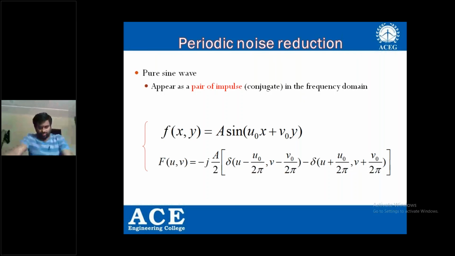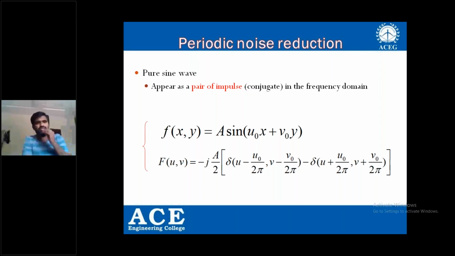And next, periodic noise can also be reduced. Another noise model that we discussed in the last class is periodic noise. As I said, periodic noise is nothing but sinusoidal noise. We are all aware that if I take the Fourier transform of a sinusoidal signal, we get a pair of impulses.